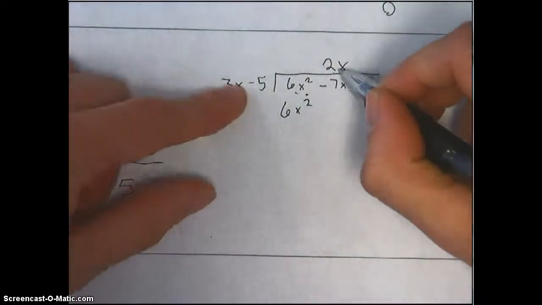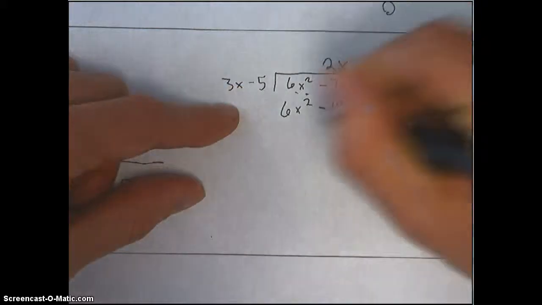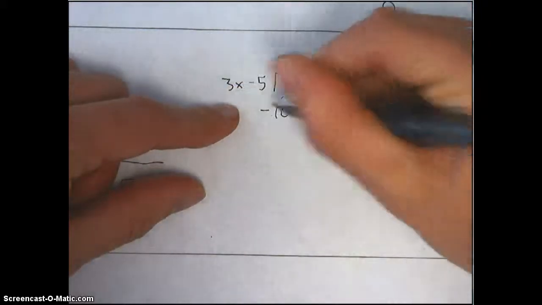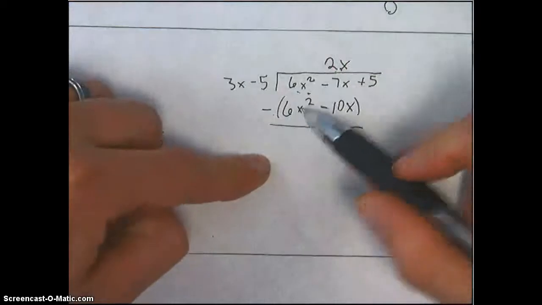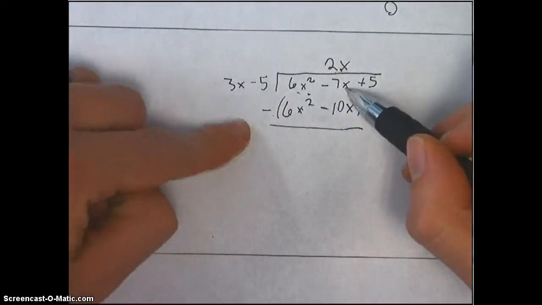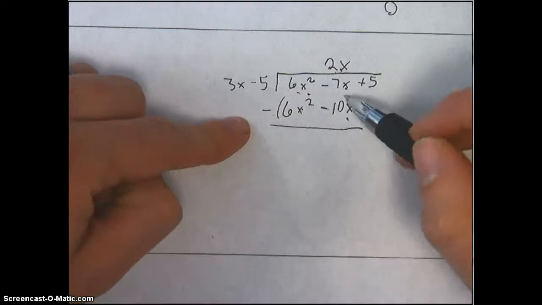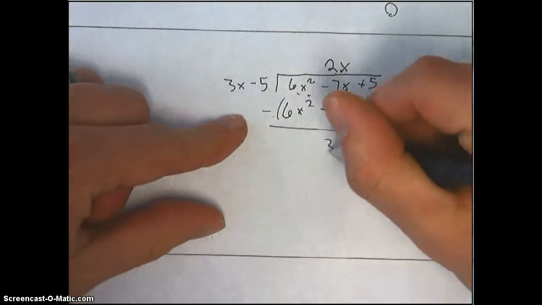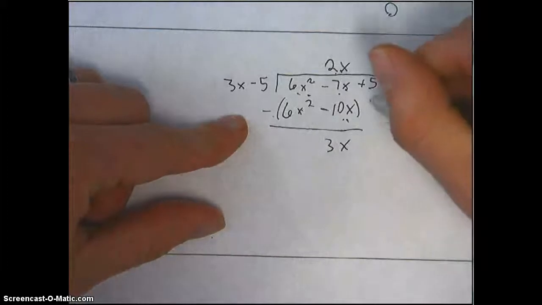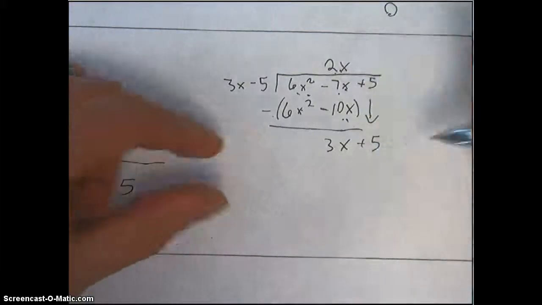And then 2x times negative 5 is negative 10x. And put all that in parentheses, and I'm going to subtract. So 6x squared minus 6x squared is 0. Negative 7x minus a negative 10x is the same as negative 7 plus 10, which is positive 3x. And go ahead and bring down this other term here. It's plus 5.